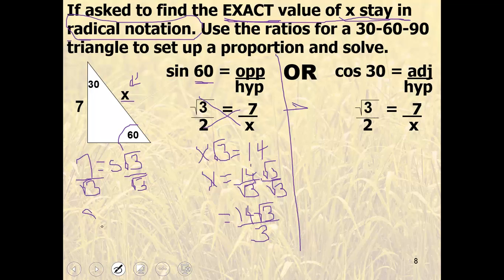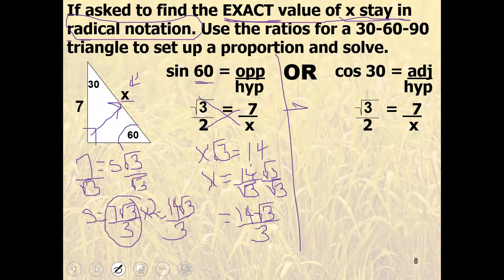So s is equal to 7 square roots of 3 over 3. Now I need to find my hypotenuse, right? Because this is across from the right angle. So I multiply this by 2, and I get 14 square roots of 3 over 3. I get the same answer both ways.